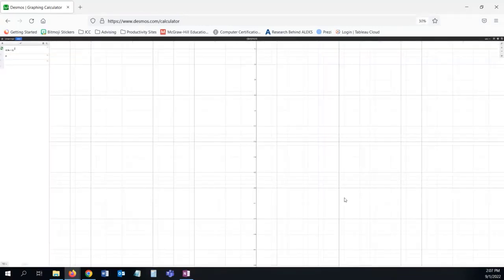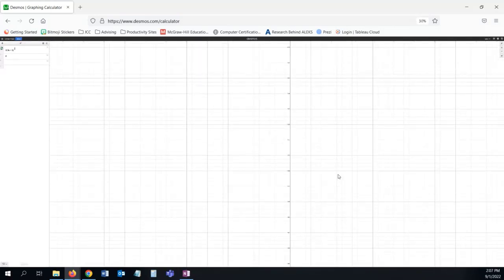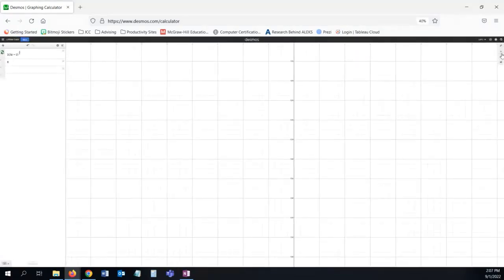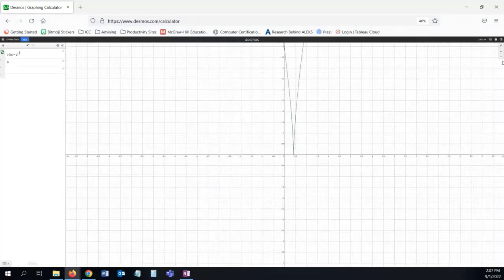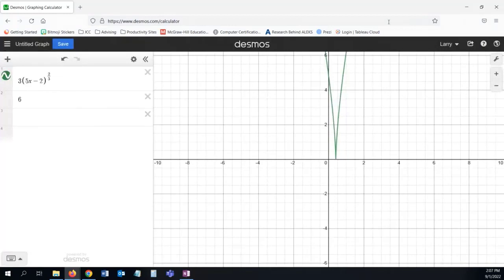What do those look like? Oh my, my view is way off. We're going to take this back to home. There we go. All right, so here is the 3 times quantity 5x minus 2, raised to the 2/3.